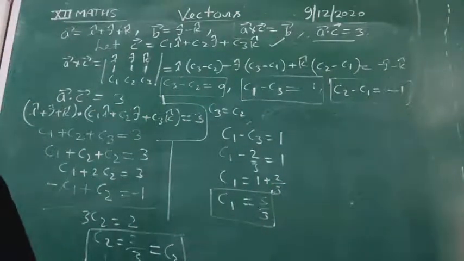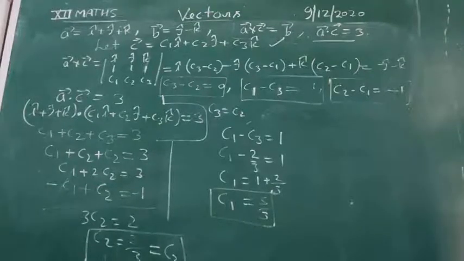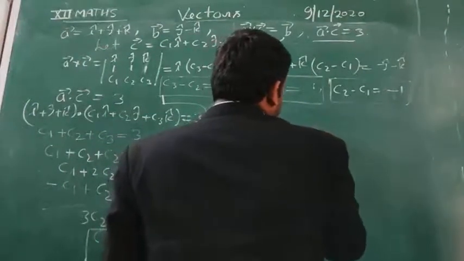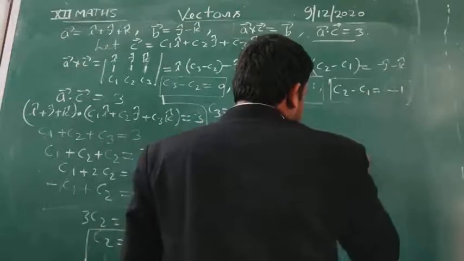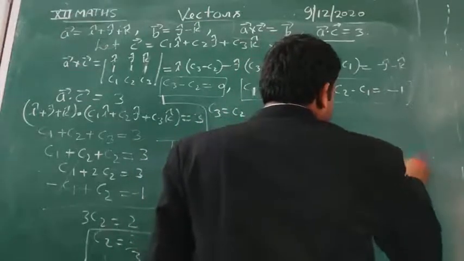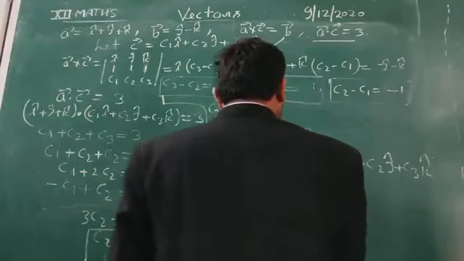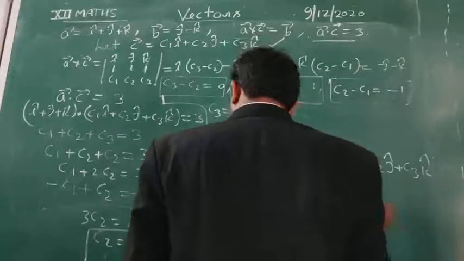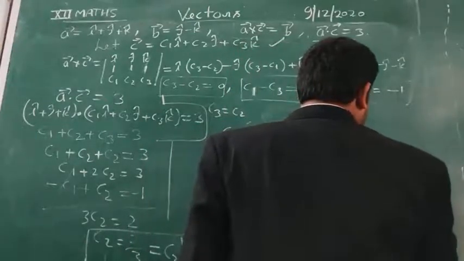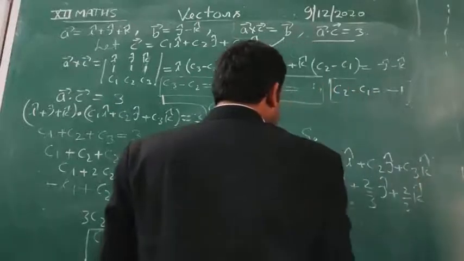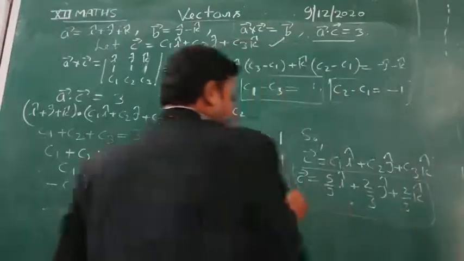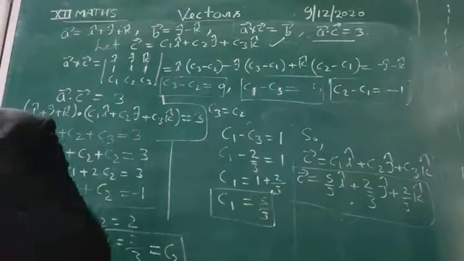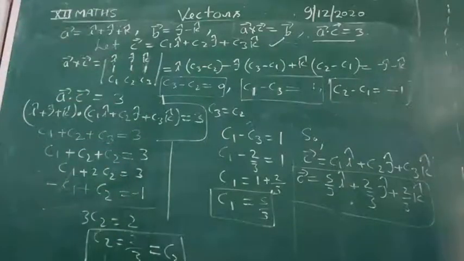Our C1 is 5 by 3, C2 and C3 are 2 by 3. Now vector C, which is C1 i plus C2 j plus C3 k, we put the values: C is equal to 5 by 3 i plus 2 by 3 j plus 2 by 3 k. So it will be our solution.